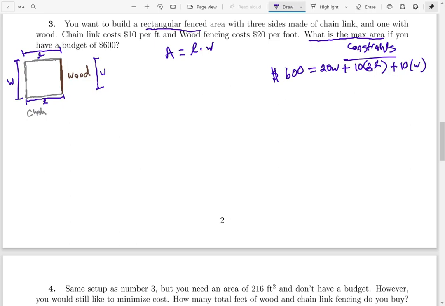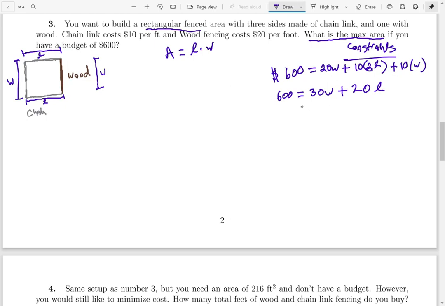At this point, let's simplify this equation. It's going to be true that $600 is equal to 20W plus 10W, or 30W, plus 10 times 2, which is 20 times L. This is my constraint equation. Since now I've got an L and a W, I just need to pick one and solve for it. I'm just going to pick L. It doesn't really matter.